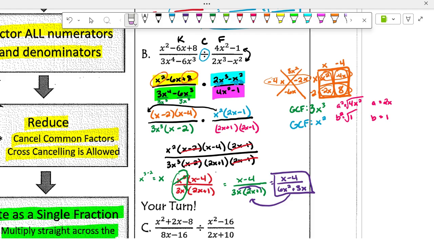Okay, we can do this. It's fine. 8x minus 16. So, can X out the negative? Is that supposed to be positive? I get 8.